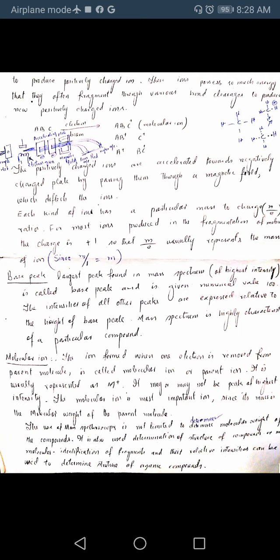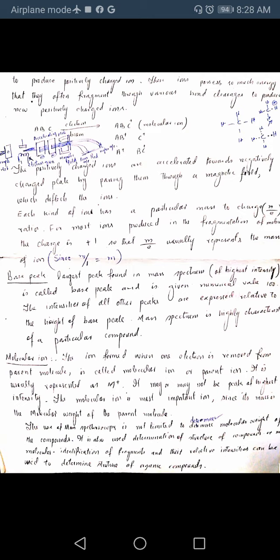Most of the bonds will be broken: CC bond, CH bond, and different other bonds between the atoms, and in this way the molecule will be fragmented, and fragment ions will be observed in the mass spectrum.